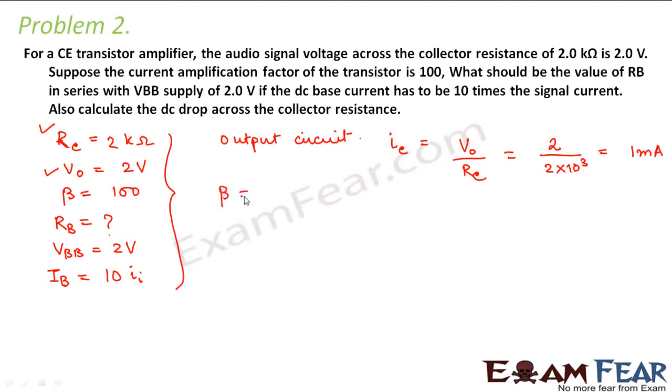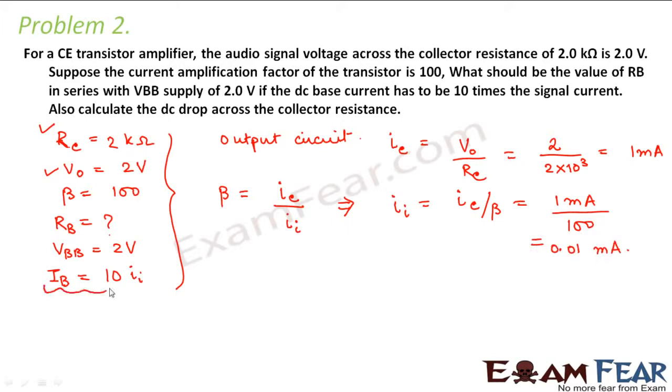So this is my collector current. Now beta, that is the current amplification factor, is given. This is equal to IC, that is the output current, divided by the input current. Correct? Because this is my input signal current. So from this I can calculate my input signal current, which will be IC divided by beta. So this comes out to be 1 milliampere divided by 100, that is 0.01 milliamperes.